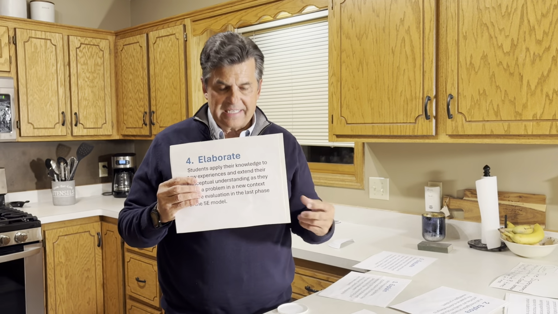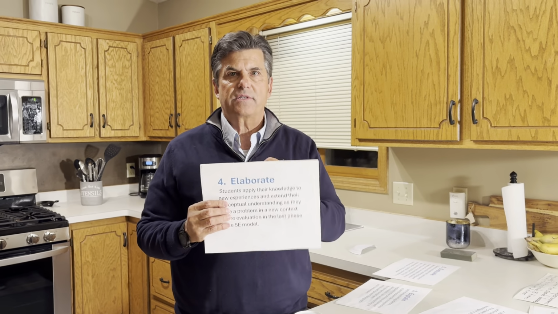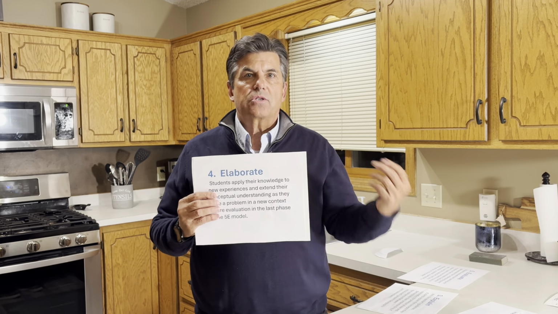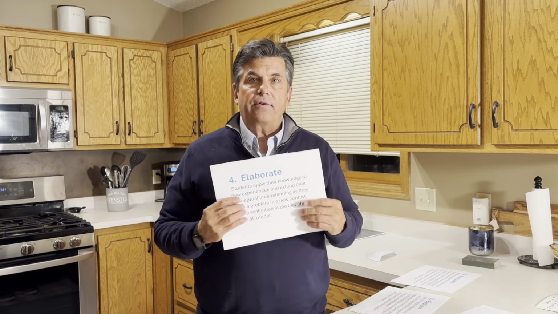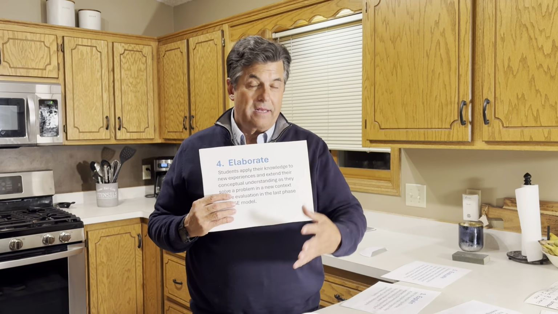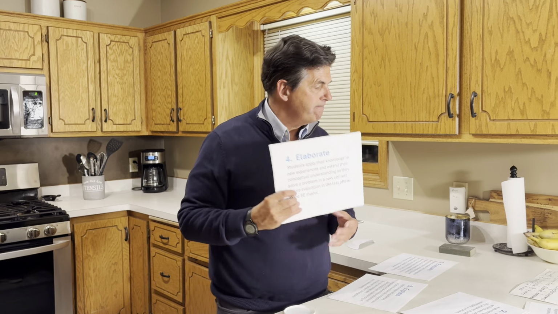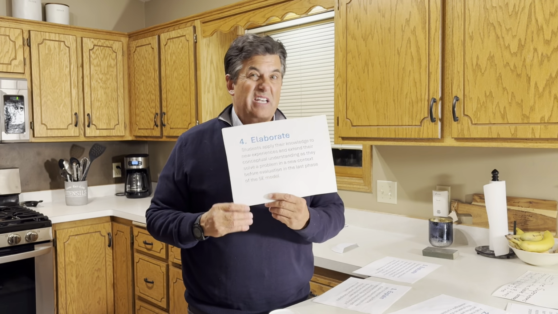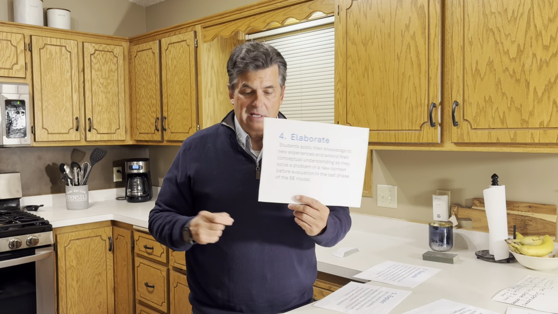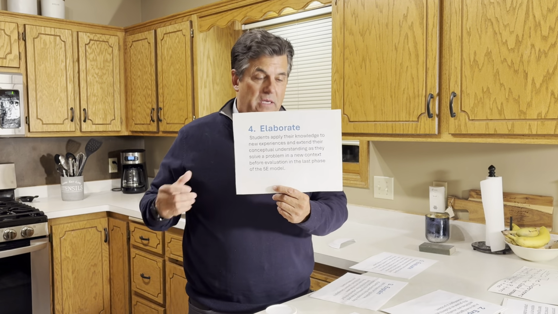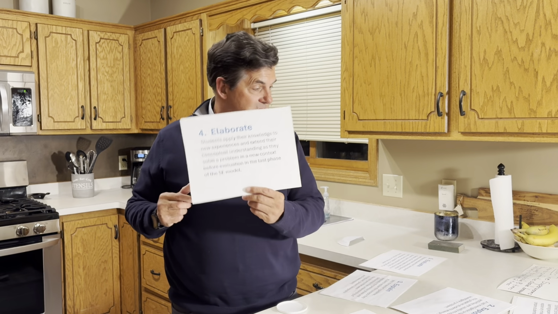So the elaborate is taking what they found, their data and their claim, and applying it to a different situation. They could also test some other organisms that are similar to superworms in that elaboration phase.